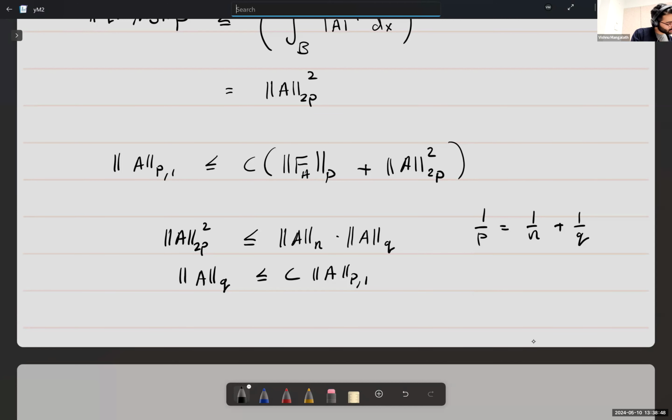I don't think I have this next part written quite right, but because of the way we chose Q here, it turns out that this is the exact way to get back to P. Right? And then A n is less than or equal to C A n on 2 comma 1, which is good because we assumed an estimate on that already.